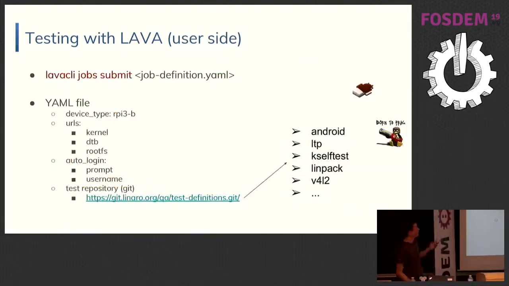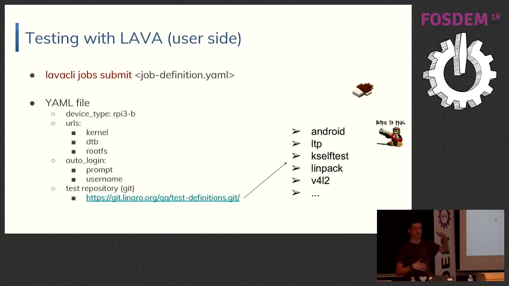As I said, from a user perspective, when you use Lava, you write down your job definition, and then you submit it, usually just with the command line: lava-cli job submit, job definition, and that's done. You don't have to do anything else. You can do some more interesting work. In the job definition itself, I'll show just some of the more important things that you can use.